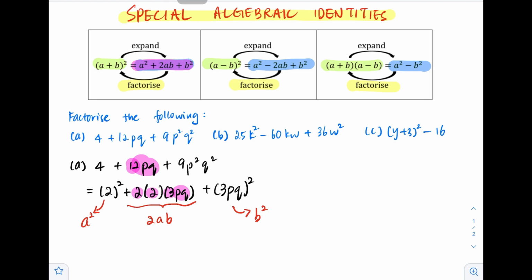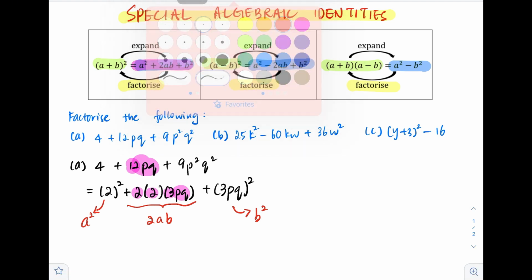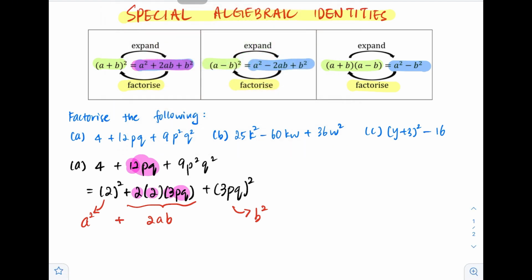So therefore, this middle term is actually our 2ab. And hence, what we have is a squared plus 2ab plus b squared. So, I can rewrite this in the product form as (a, which is 2, plus b, which is 3pq) whole thing squared. Alright, let's look at a second example.